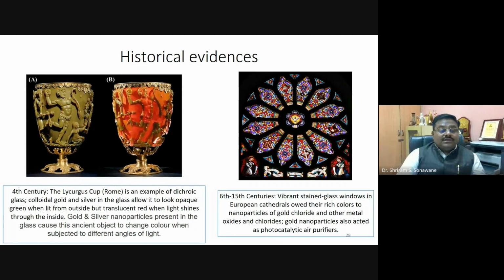Gold nanoparticles also acted as photocatalytic air purifiers. Nowadays we can see various colors on peacock feathers and butterfly wings. Can we really make or synthesize them in our laboratory?